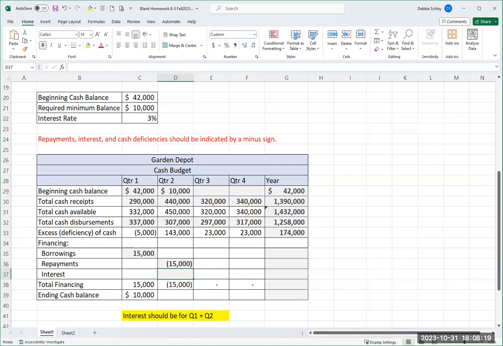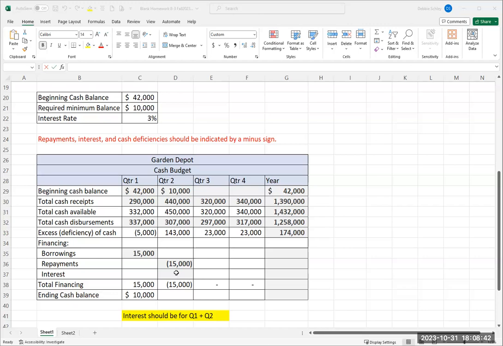Now I owe some interest on this. And we need to be really careful because I owe for quarter one and I owe for quarter two. So I owe 2 times.